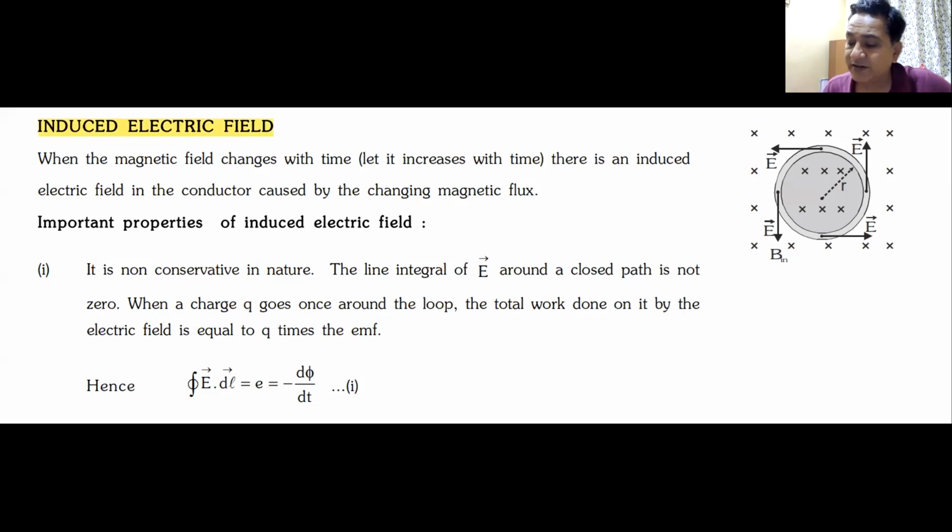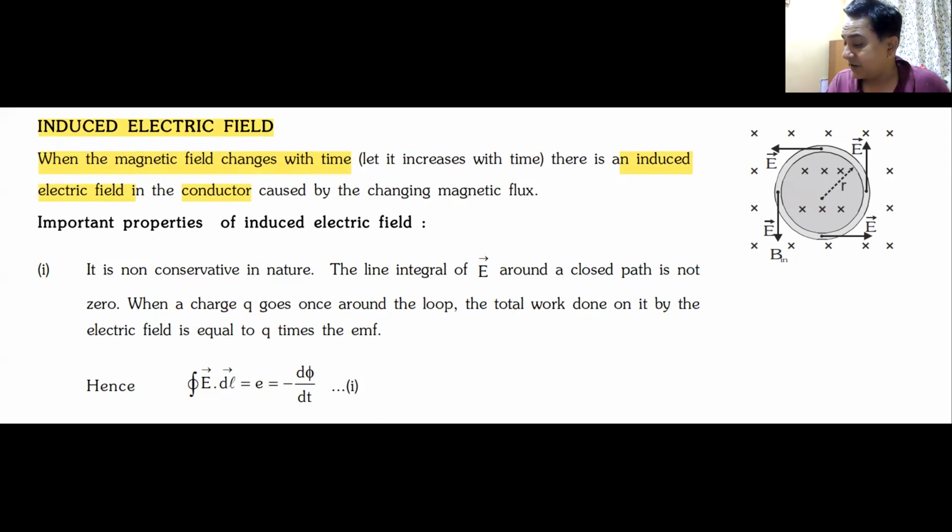Wherever in space you have a magnetic field that changes with time, it may increase or decrease with time, an electric field is induced in that space, and because of this induced electric field, you can have potential difference between any 2 points in this space.